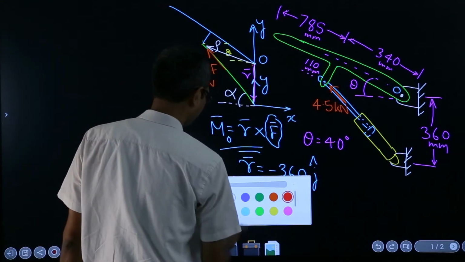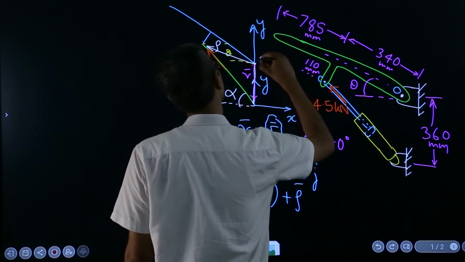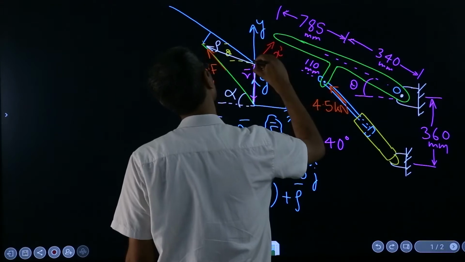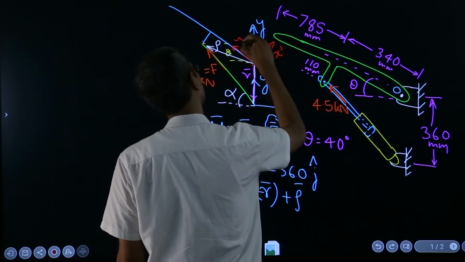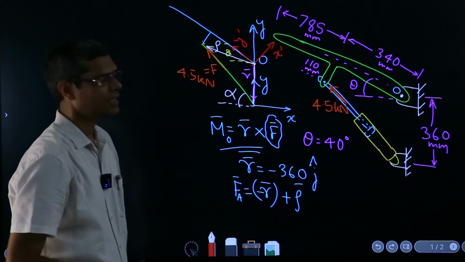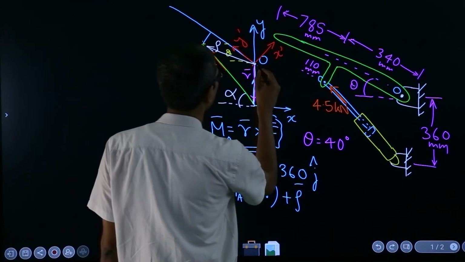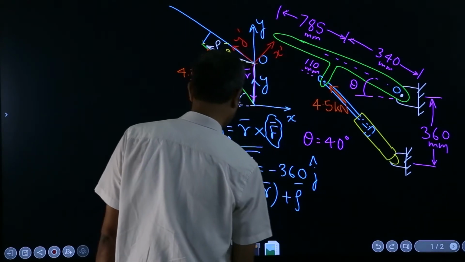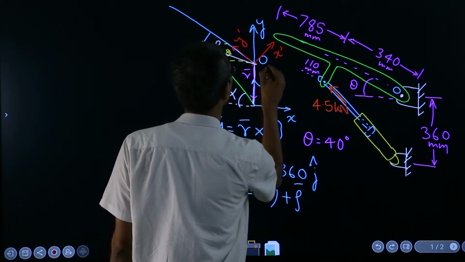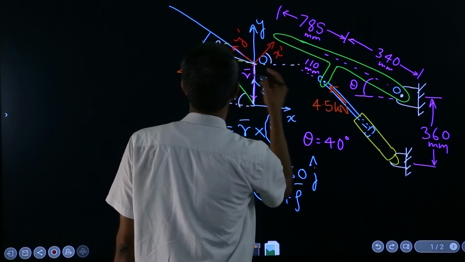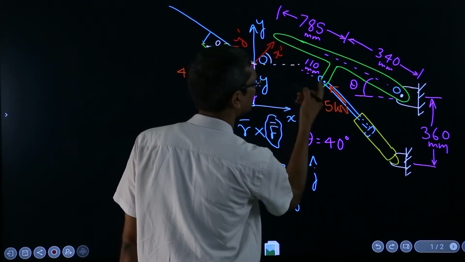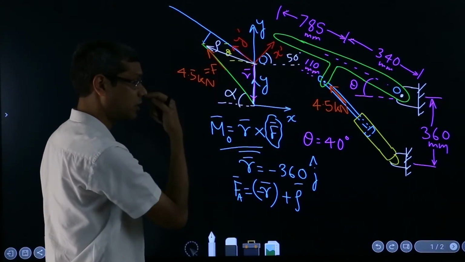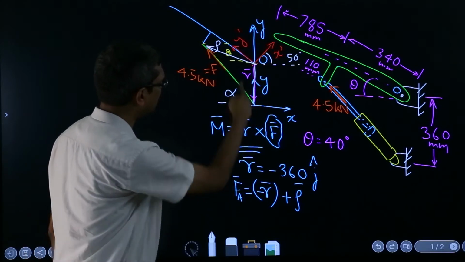If I can define a coordinate system which is say x prime and y prime, making an angle, I'll show in white color only. Now this angle is 90 minus theta, so it is 50 degrees, right? If I turn this axis x by 50 degrees, I will get this.